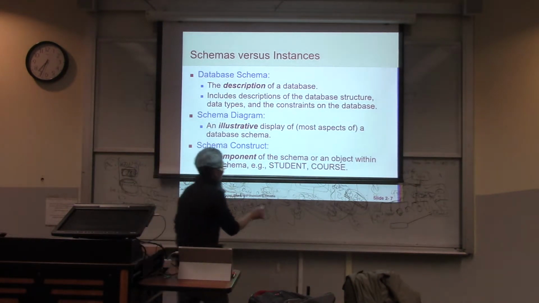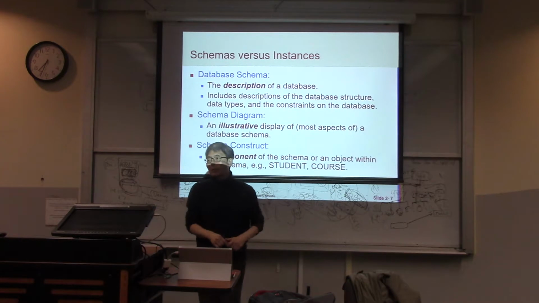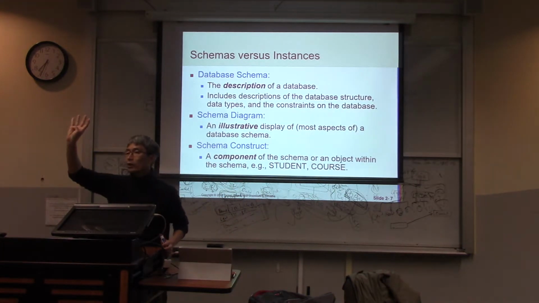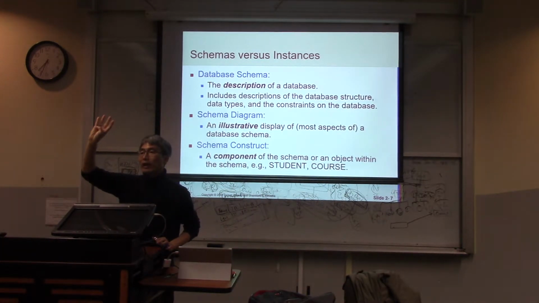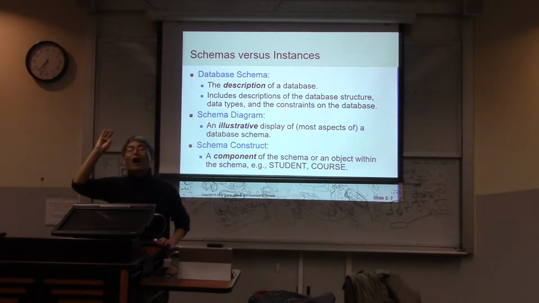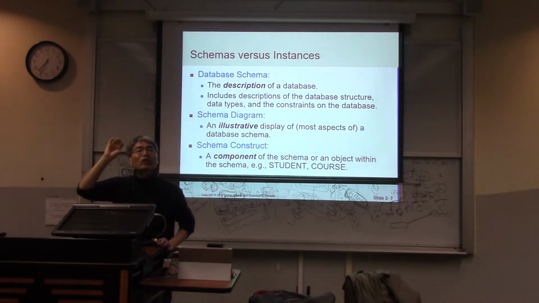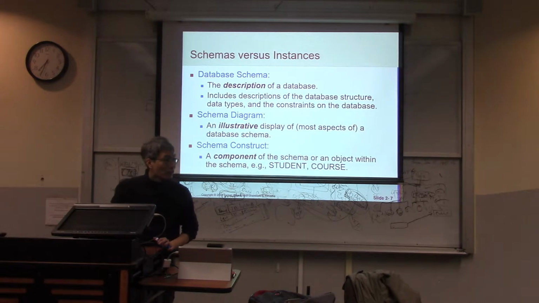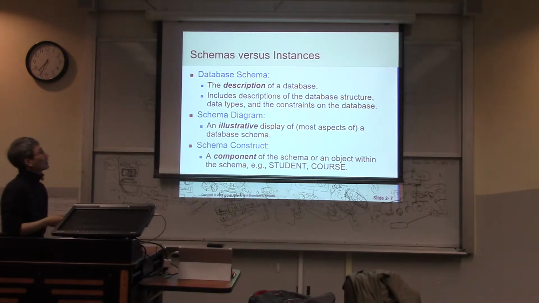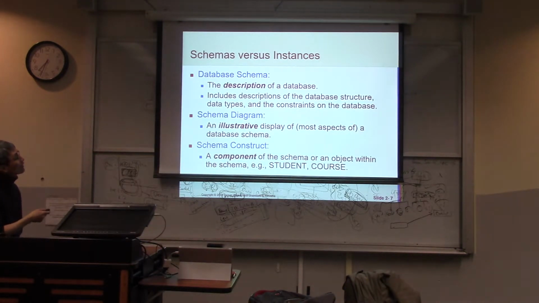That is the database schema. Such a schema includes the names of your tables, the fields, the number of fields, the types of fields, and so on. Such a design is usually represented by a schema diagram.